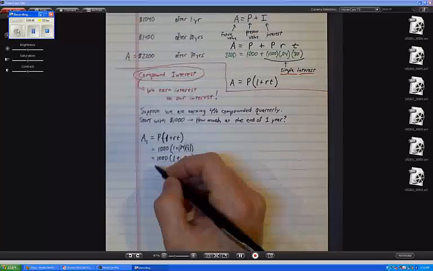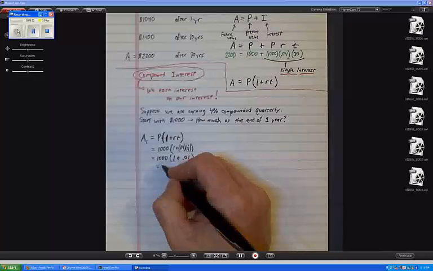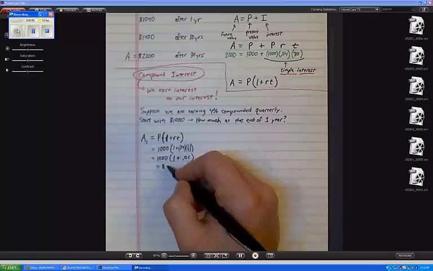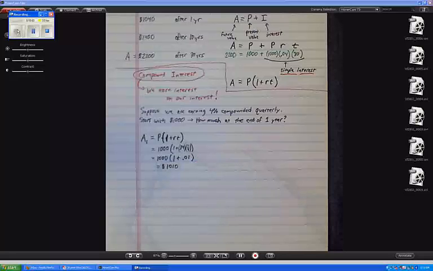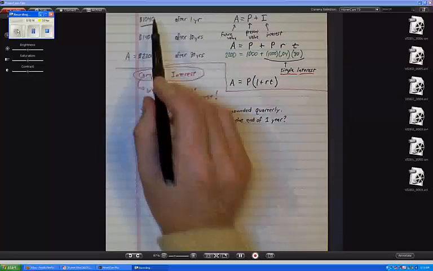We get 1,000 times 1.01. I guess at the end of 1 quarter, right after 3 months, we have $1,010. Does that make sense to people? And actually, that shouldn't surprise you, because remember how much I have at the end of 4 quarters was 1,040, right? So I'm on my way there.